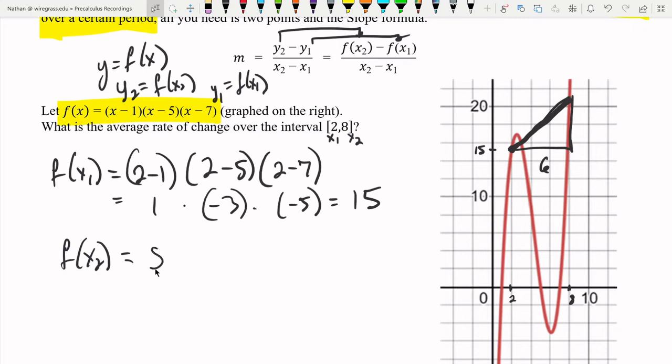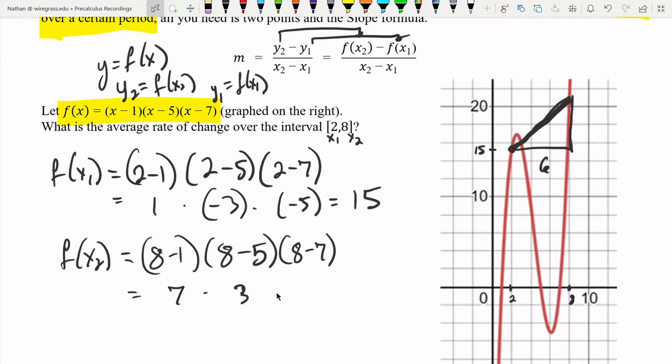And then f of x2, 8. Plug 8 in there: 8 minus 1, 8 minus 5, 8 minus 7. 7 times 3 times 1, that is 21. So 8 is at 21. I think it's at 21.